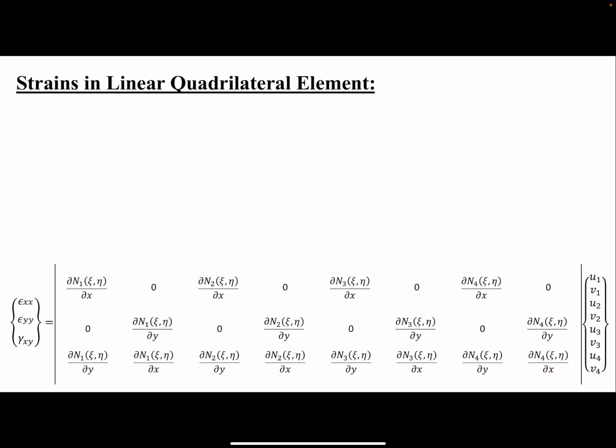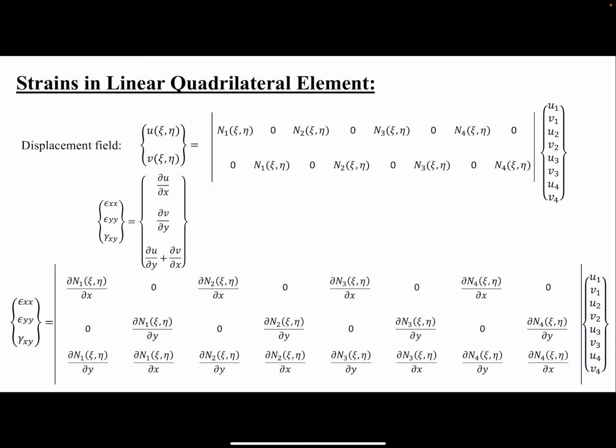Now we're going to find the strain in a linear quadrilateral element. What are the strain values? If we have the displacement field, that's what we found earlier, the strains epsilon xx would be partial u over partial x, epsilon yy would be partial v over partial y, and gamma xy would be partial u over partial y plus partial v over partial x. So I just need to take a derivative of the first row or the second row, and also because this is a 3 by 1 matrix, I need my gamma xy as well.